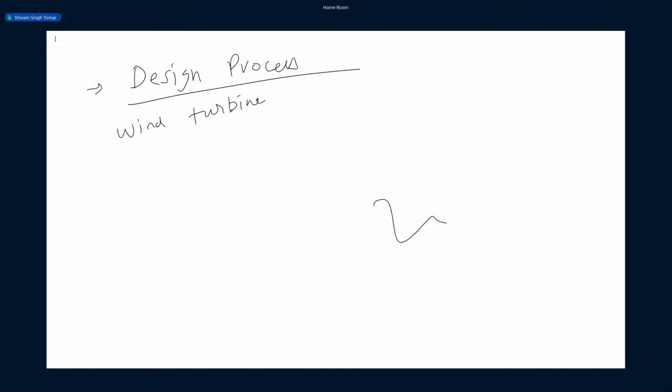So anyone who can answer in the chat box. Shivam, can you be a little louder also? Sure. So anyone can tell me about the design process for a wind turbine blade.